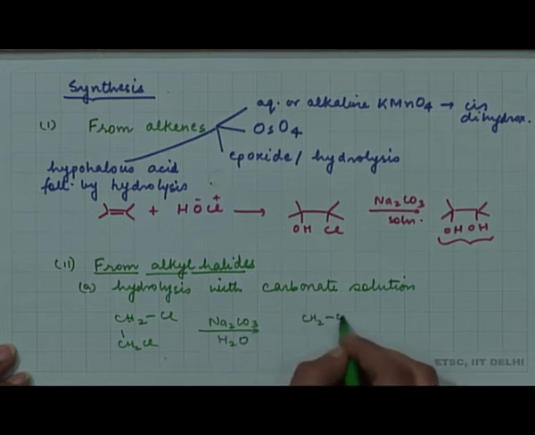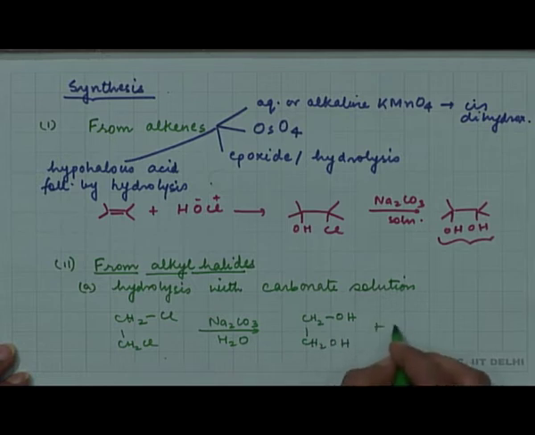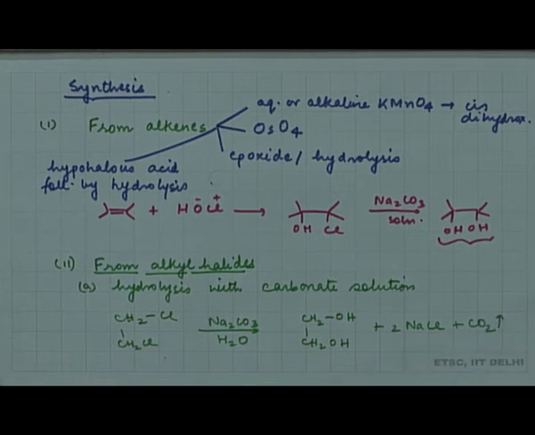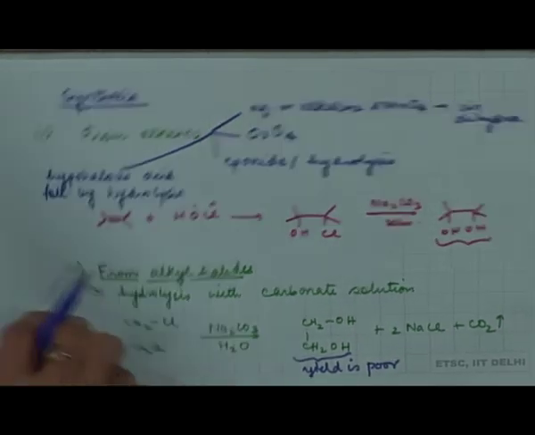You get the corresponding diol along with the formation of sodium chloride and release of carbon dioxide. However, the disadvantage with this reaction is that the yield of the diol is poor. So, frankly speaking, it is not a very good method.